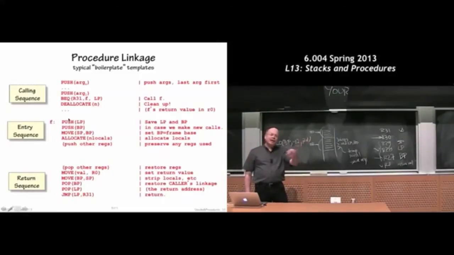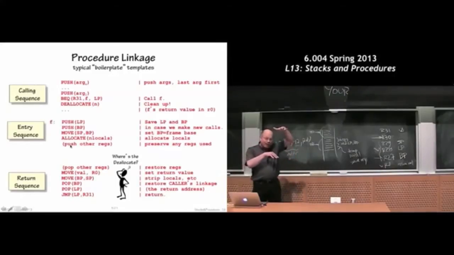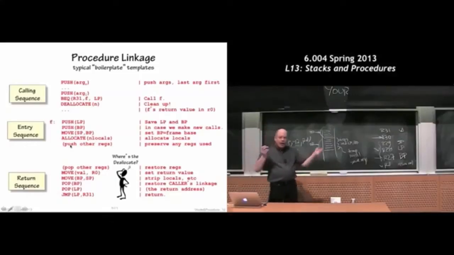Yes, ma'am? So allocate just doesn't put things in, it just says I'm going to use these. Right, so when you have something that says int x, int y, int z as a local variable inside your procedure, the compiler just allocates room for them. Then it's up to you to write statements that actually initialize them to 0 and 1 and 17.